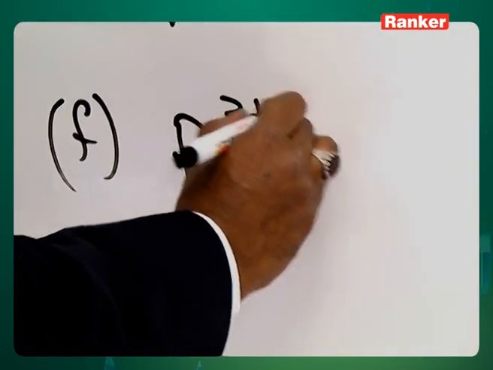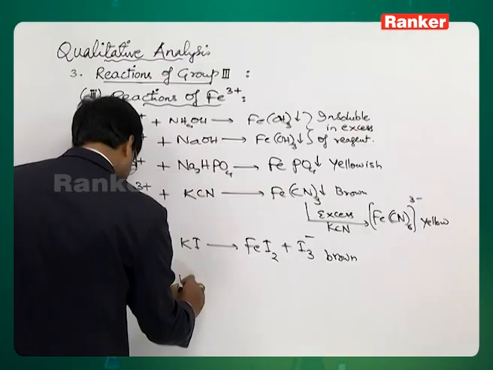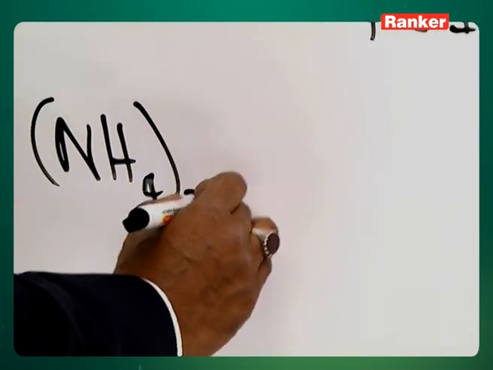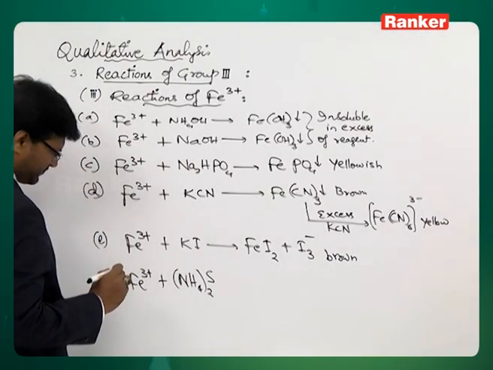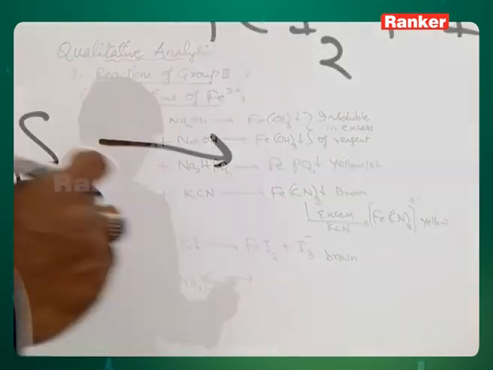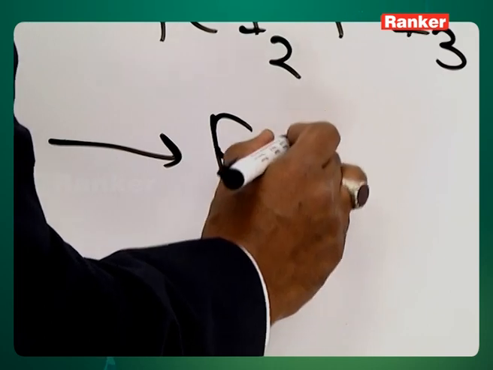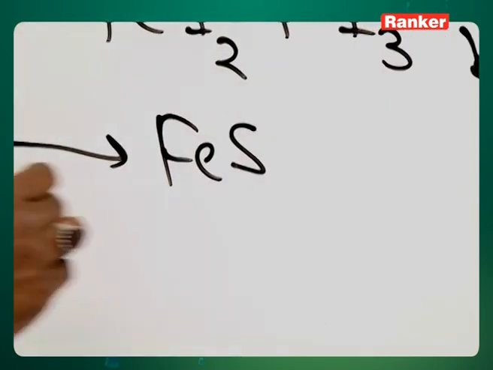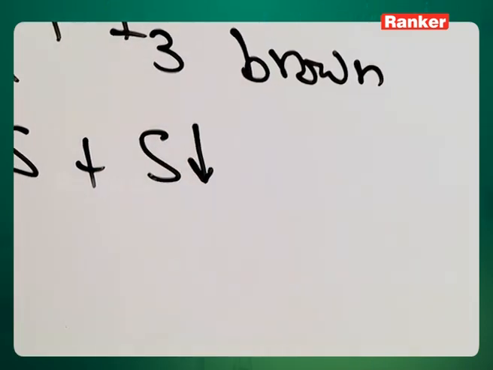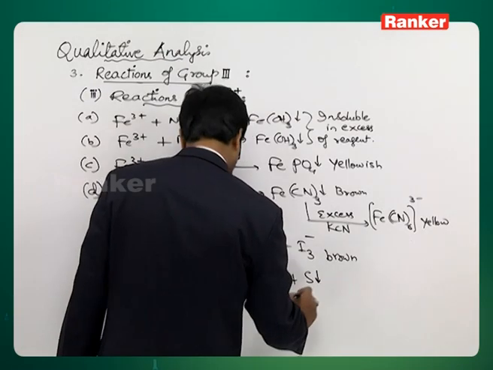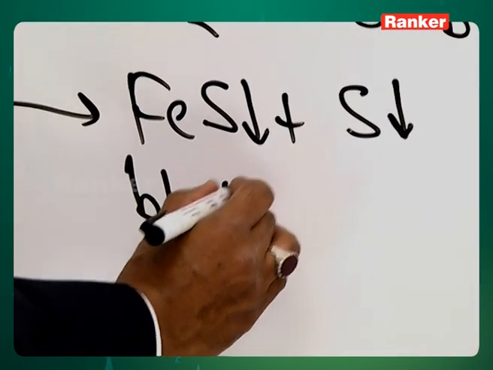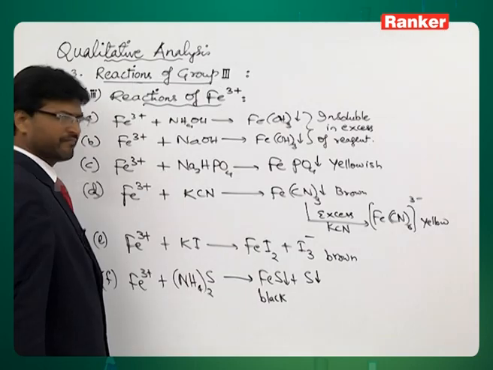Fe3+ with ammonium sulfide, you get ferrous sulfide plus sulfur. This is a black precipitate, ferrous sulfide.